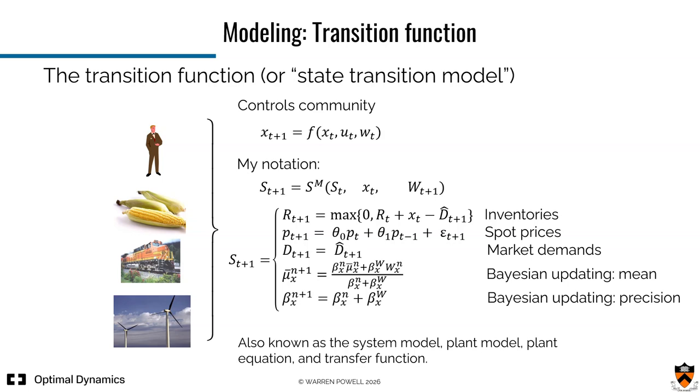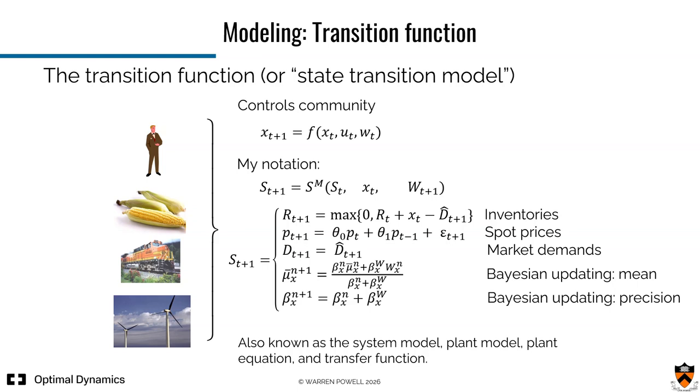I don't like the notation. So, of course, you've already seen that I use state S, decision X, and information W_{t+1}. So the function itself, the letter F, the alphabet is a very valuable piece of real estate. And F is a very popular piece of real estate.